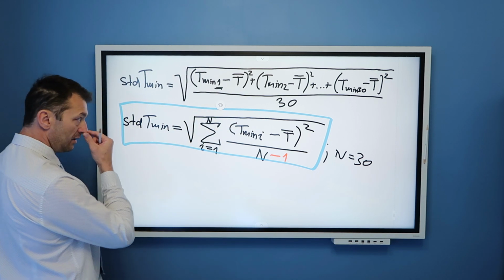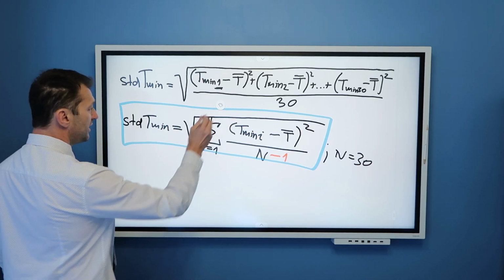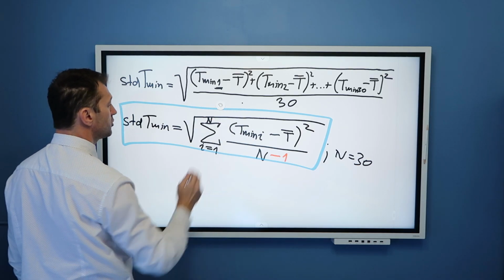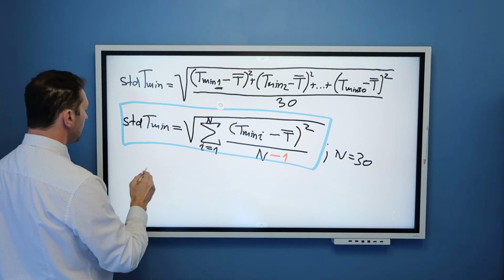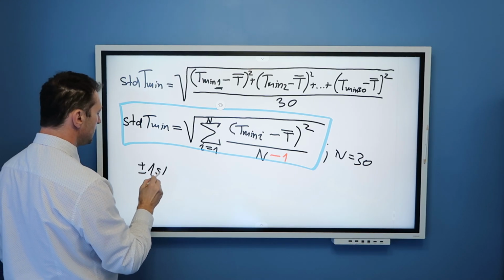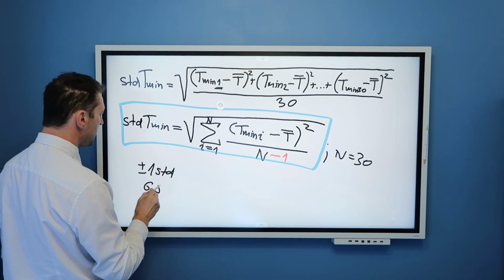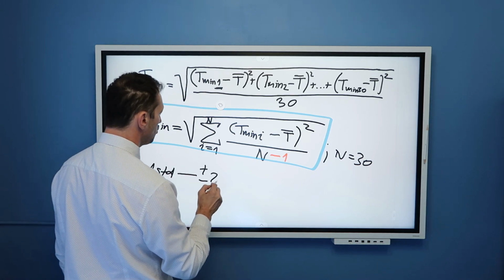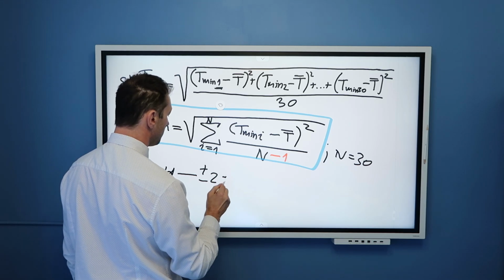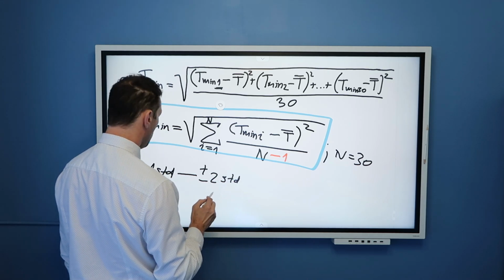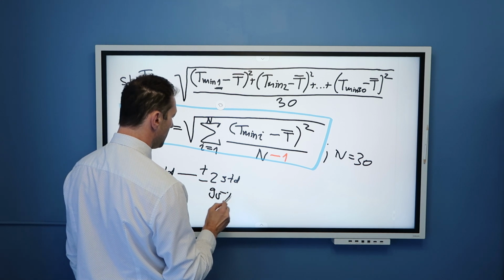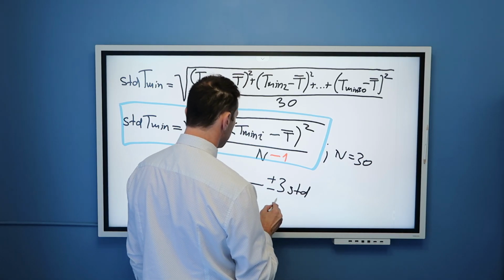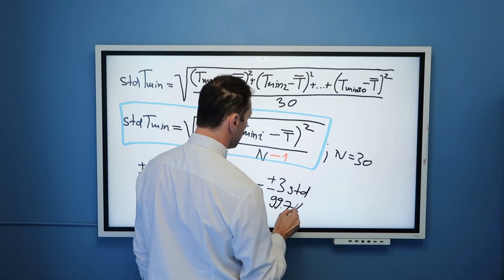Now, as I said in the previous slide, if our data follow Gaussian distribution, if they follow normal distribution, then it can be demonstrated that ±1 STD corresponds to 68% of all data, ±2 STDs corresponds to 95% of the data, and ±3 STDs correspond to 99.7% of all data.